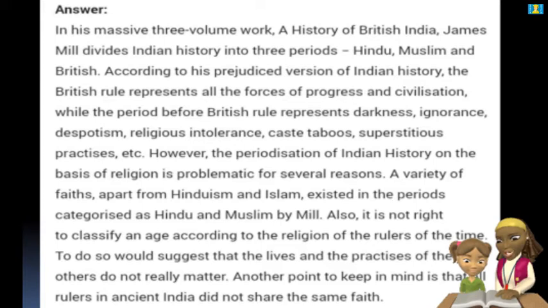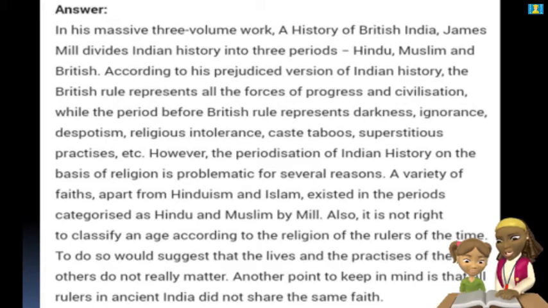According to his prejudiced version of Indian history, the British rule represents all the forces of progress and civilization, while the period before British rule represents darkness, ignorance, despotism, religious intolerance, caste taboos, superstitious practices, etc.